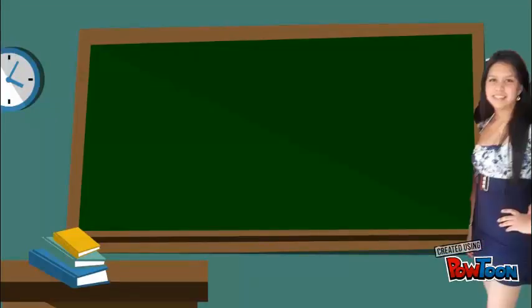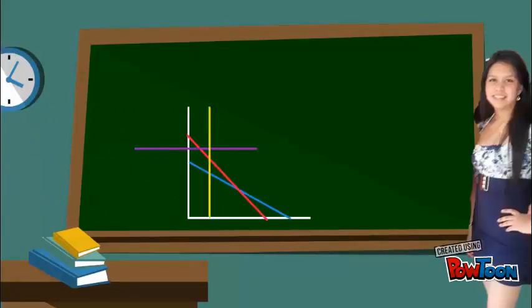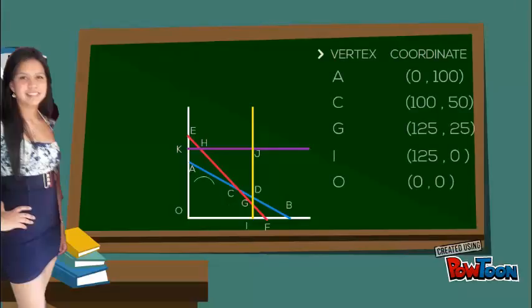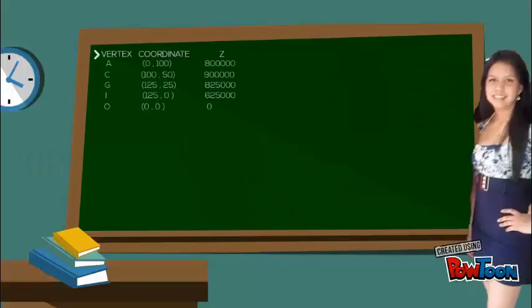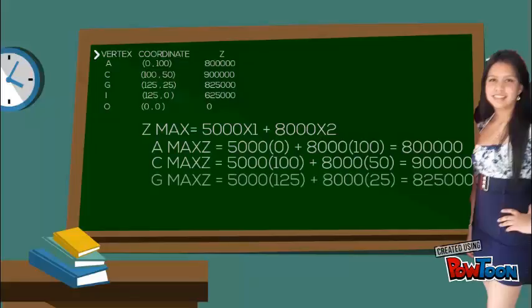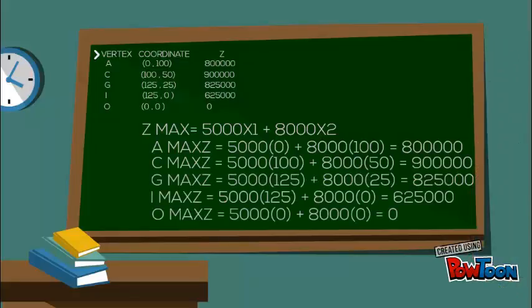According to the graph we made, I have the coordinates of the vertices that are part of my feasible area. I replace the coordinates in my objective function to find the maximum C results.